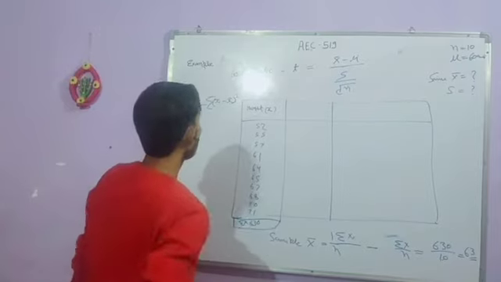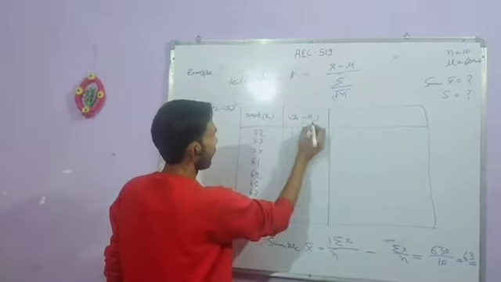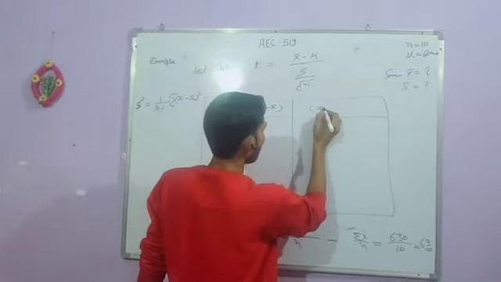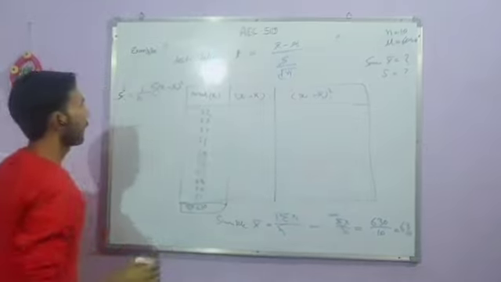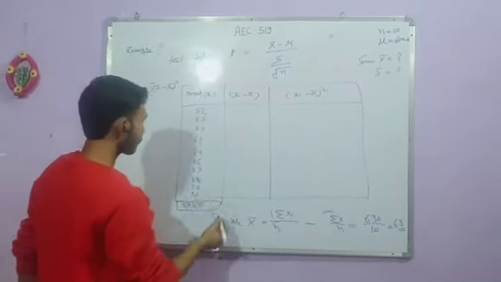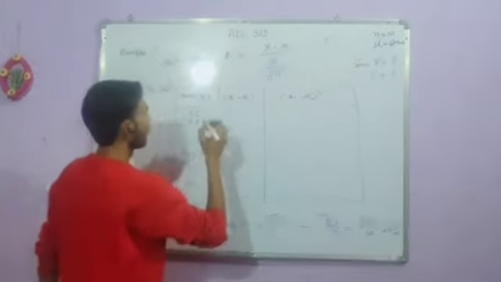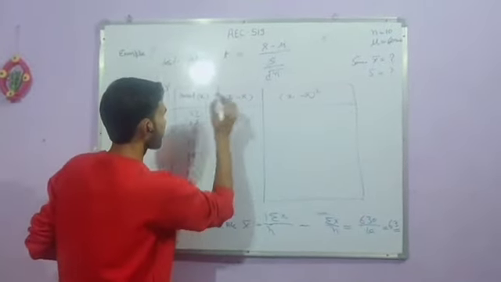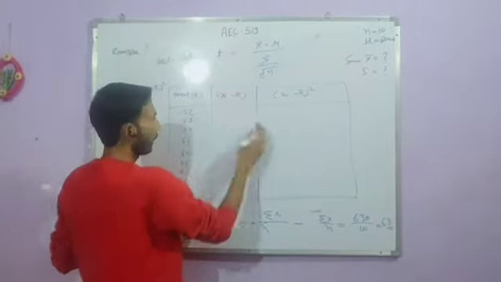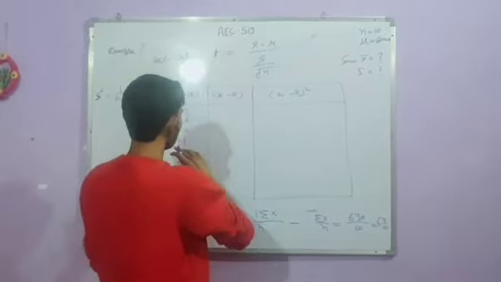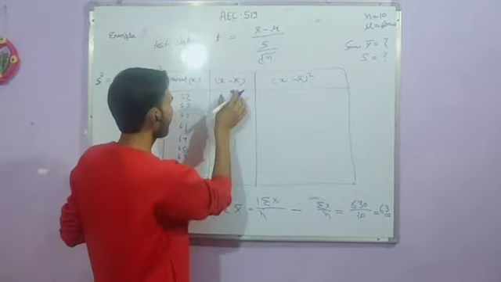So first we find xi minus x bar, and then xi minus x bar whole square. Okay, now what is x bar? X bar is 63. So xi minus x bar.